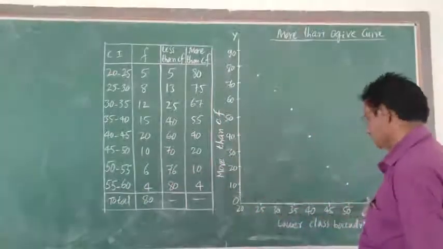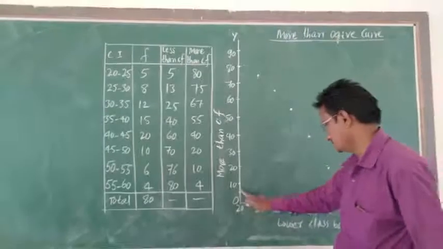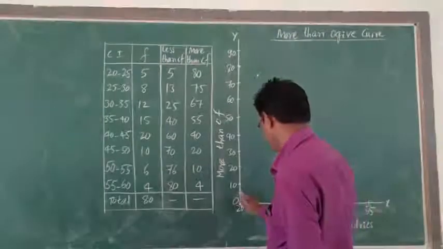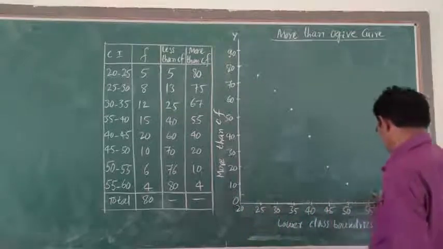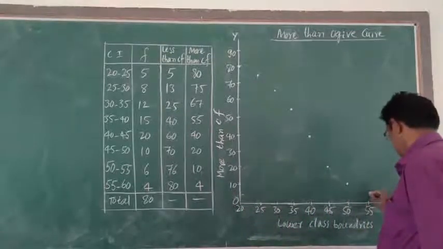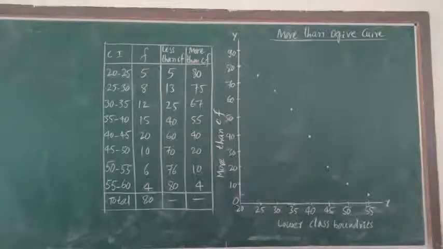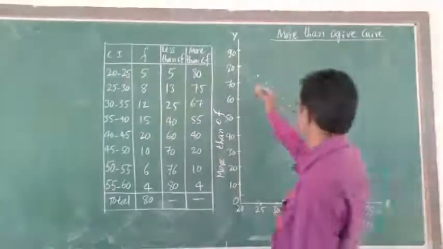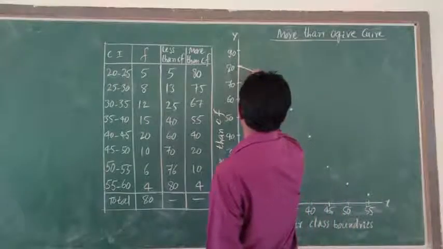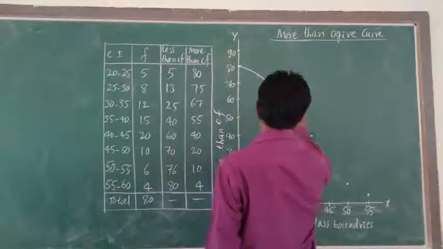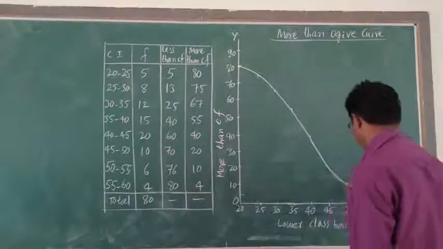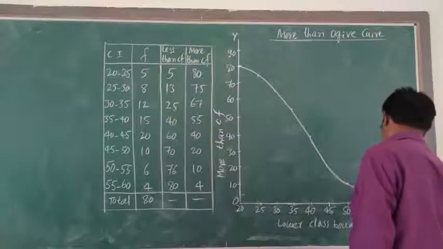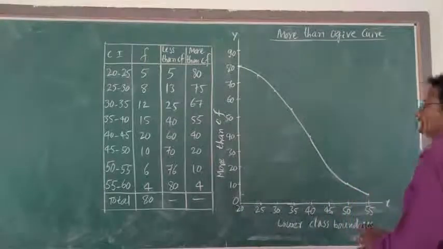More than 55, we have to mark 4. So we have to join all these points by a free hand curve. This is more than ogive curve.